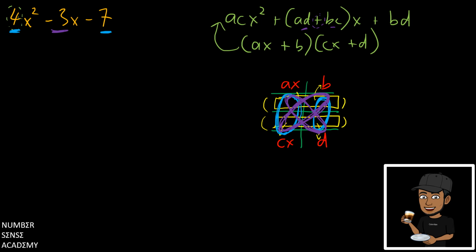So if you're going to use this method, you're going to be doing a lot of trial and error. I'll solve this example using trial and error. What I want to show you afterwards is a couple of methods, the MAXX method and the box method, to make this a lot easier so you're not doing a lot of guessing. All right, so let's go ahead and guess our way through this.